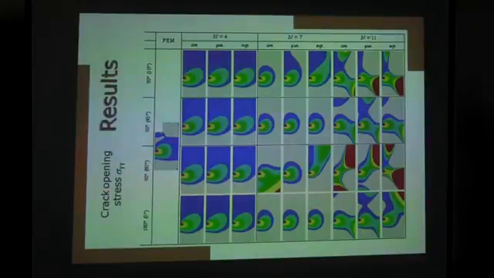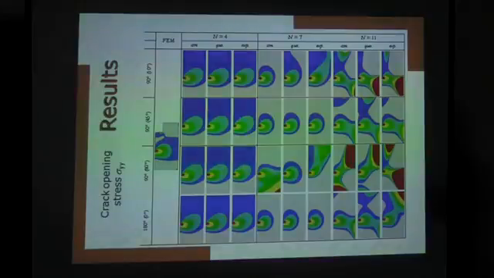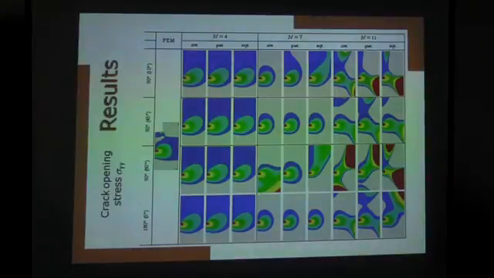For example, the selection forward from the crack tip, which is the first row, or back, which is the third row, are not stable when we use a large number of terms.